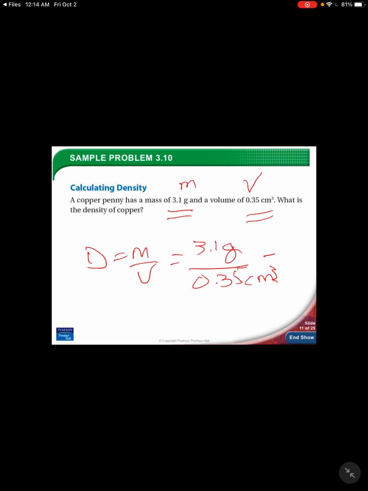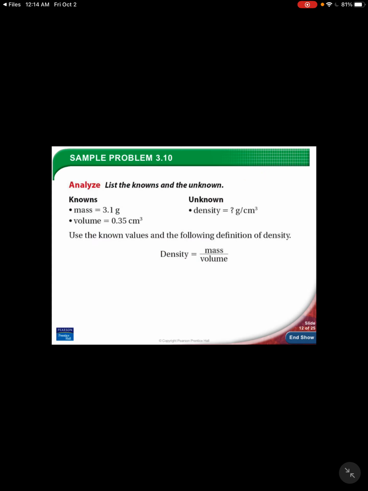So, if we look at some sample problems real fast and get through this, if I have a copper penny and it weighs 3.1 grams, that's its mass, and it has a volume of about a third of a centimeter, 0.35 cubic centimeters or milliliters, then my density, which equals mass over volume, is going to equal 3.1 grams per 0.35 cubic centimeters, and that will give you your density in grams per cubic centimeter or grams per milliliter, those being the same thing.